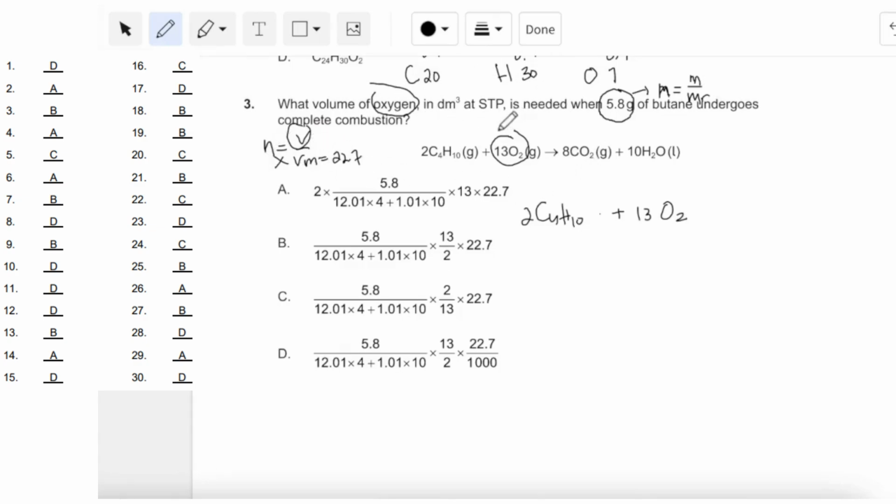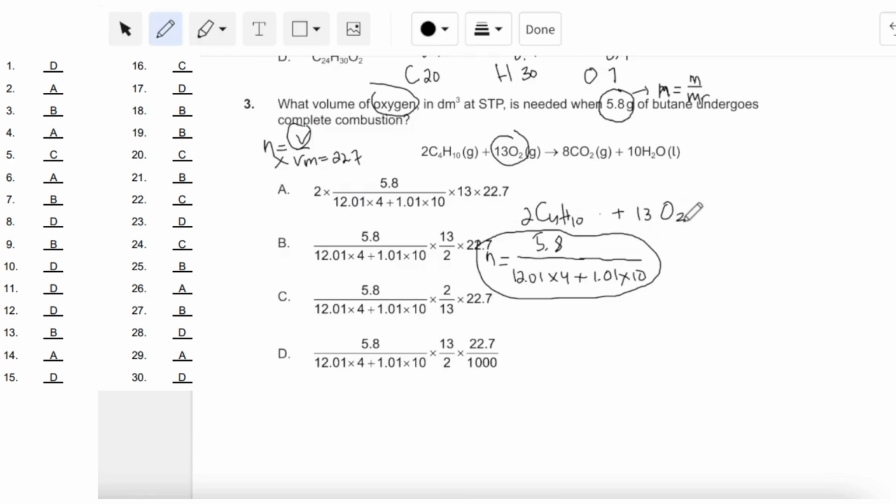There is no mole of oxygen available, but we can calculate it from the mole ratio. The mole of butane you can calculate: N is mass 5.8 divided by C4, 12.01 times 4 plus H, which is 1.01 times 10.